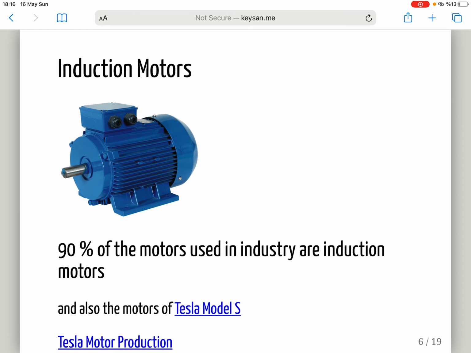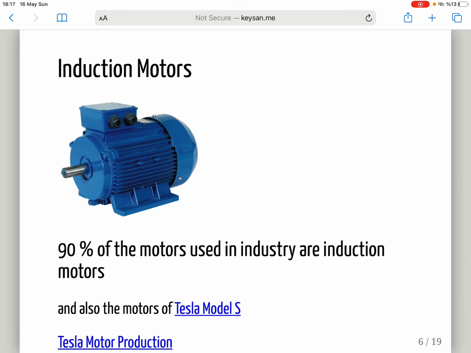At the end of the day, over 90% of the motors used in industry are induction motors. If you think about it, of all the hydro generators, wind turbines, solar energy, nuclear energy, all the energy that we generate, I think over 60% of all electrical energy generated by humans is consumed by induction motors.